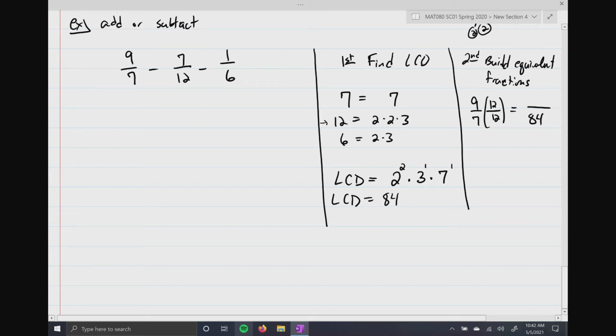And remember, whatever you do to that denominator, you've got to do to the numerator. You're only allowed to multiply by a fancy looking 1. And that's exactly what I did there. 9 times 12 is 108. So there's my first equivalent fraction. Now I need to do that for the second.